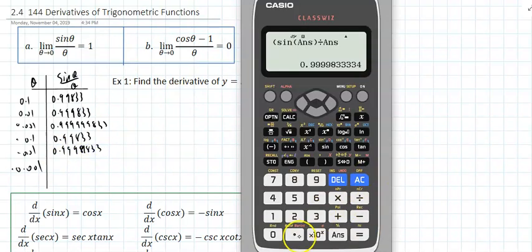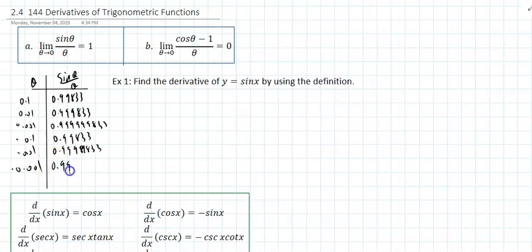So I'll try one more, negative 0.00. Now most calculators, you put the number and you hit the negative, it makes it a negative, but not this calculator. That's okay. Just make sure that you're acquainted with yours, and there it is, the same deal. And similarly, I could show that that limit equals 1.